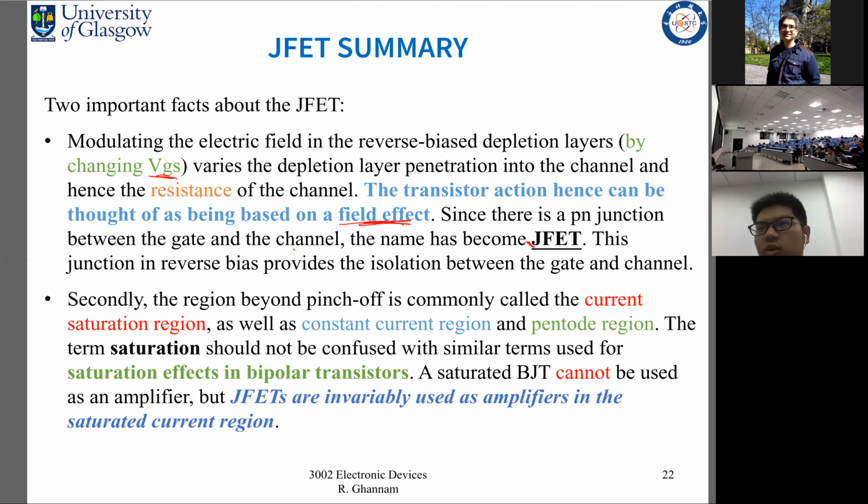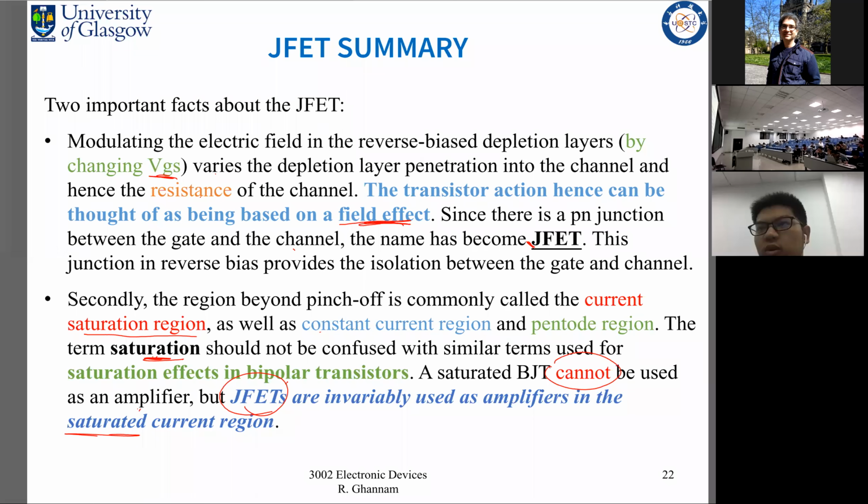The second important fact about JFETs is that the region beyond pinch-off is commonly known as the current saturation region, as well as the constant current region and the pentode region. The term saturation should not be confused with similar terms that are used for bipolar transistors. A saturated BJT cannot be used as an amplifier, but the JFET is used as an amplifier in the saturation current region.